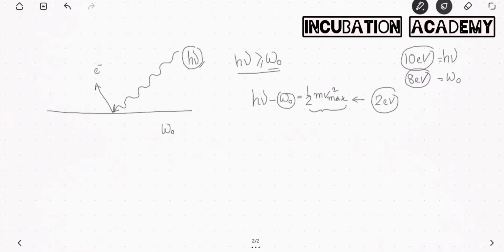So the incident radiation must have some threshold frequency, which is defined as nu naught. If the photon has that amount of energy which is equal to that of W naught, the work function, then what will happen?